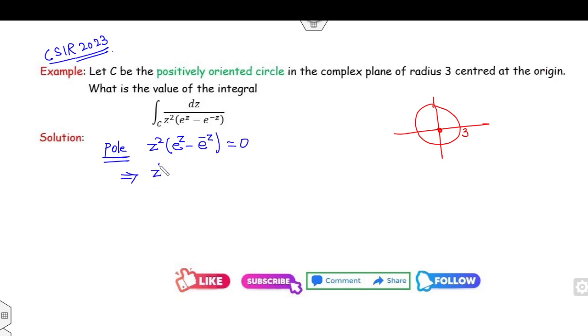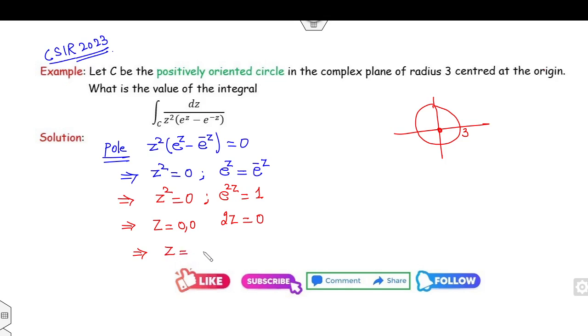That means z square will be 0, and e raised to power z is equal to e raised to power minus z. That gives you z square is 0 and e raised to power 2z is equal to 1. e raised to power 2z equal to 1 means 2z is equal to 0. In this case, you will see it is 0, 0.